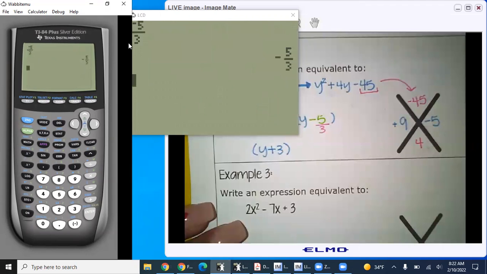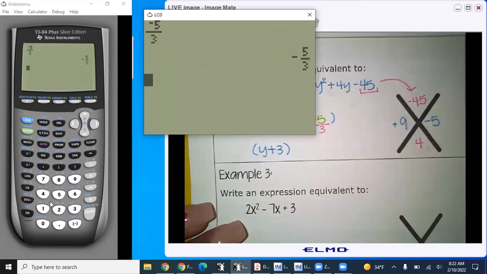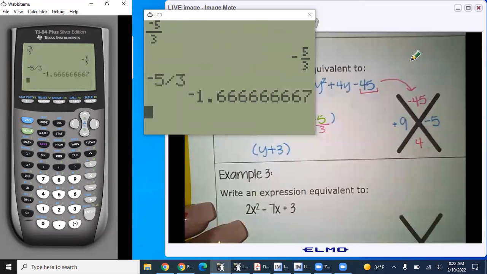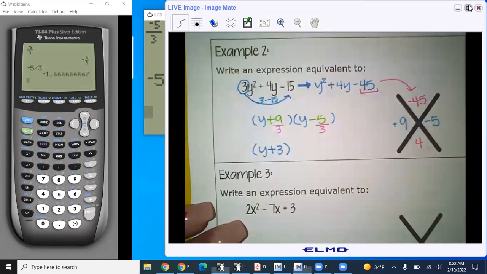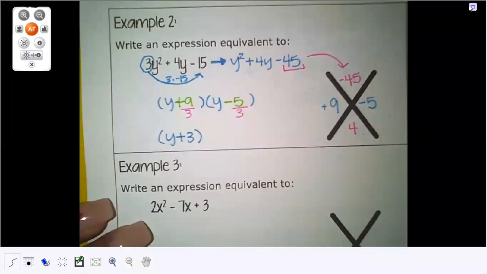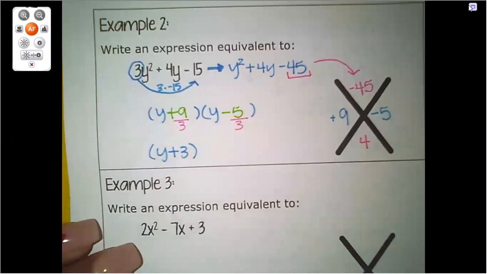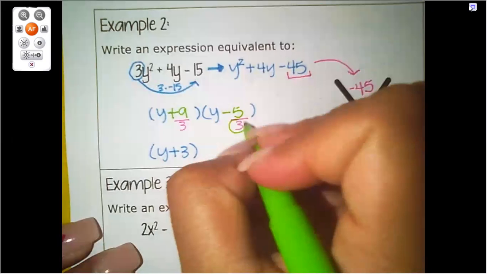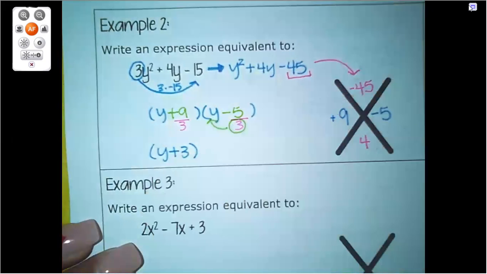And what happens? It's still a fraction. If I try negative 5 divided by 3 the old school way, you get a decimal. So what do we got to do? Bottoms up. You grab that bottom number, move it to the top. Bottoms up. And it becomes what?